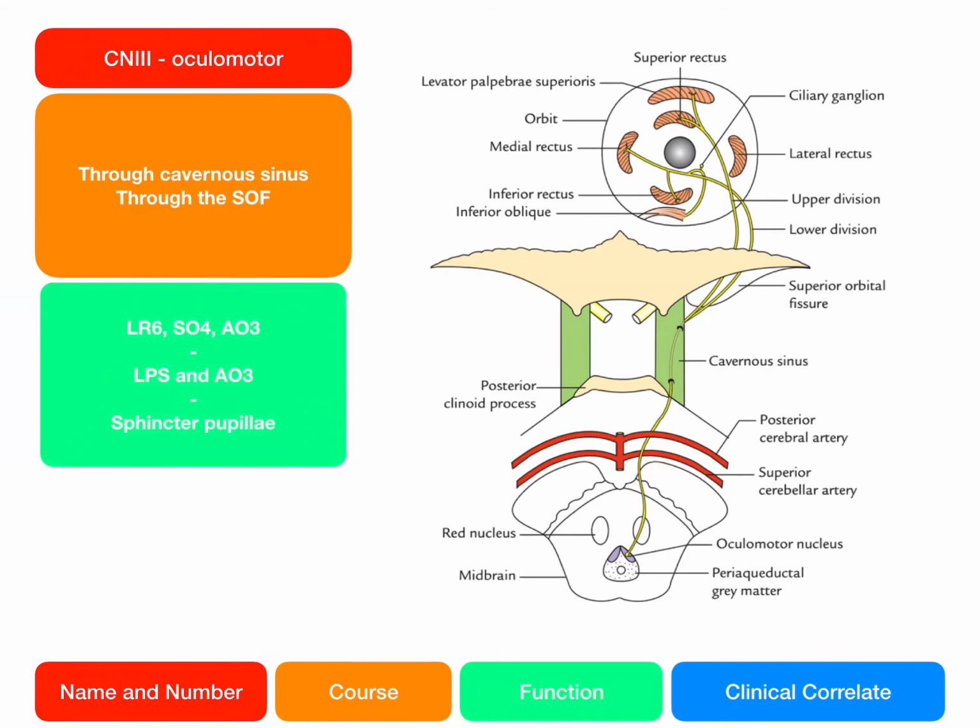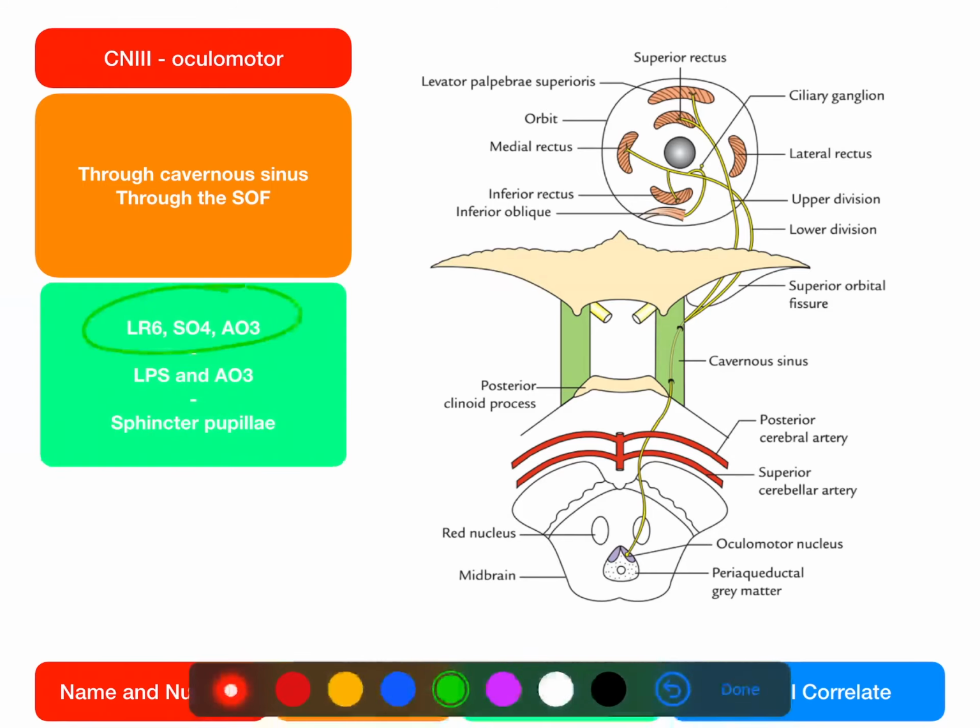The mnemonic to remember the extraocular movements, the movements of the eye, is LR6, SO4, AO3. So LR6, lateral rectus, is innervated by cranial nerve 6, SO4 by cranial nerve 4, AO3, all others, cranial nerve 3.